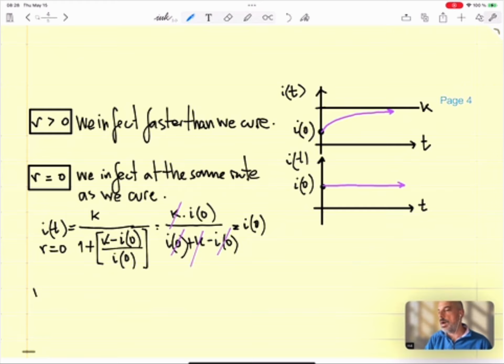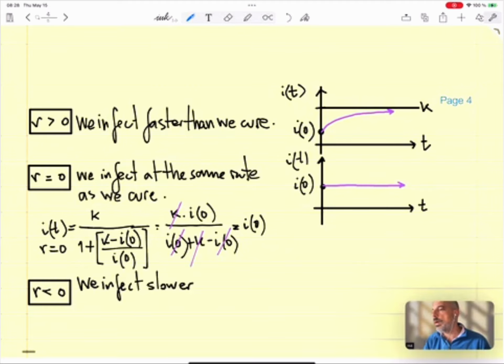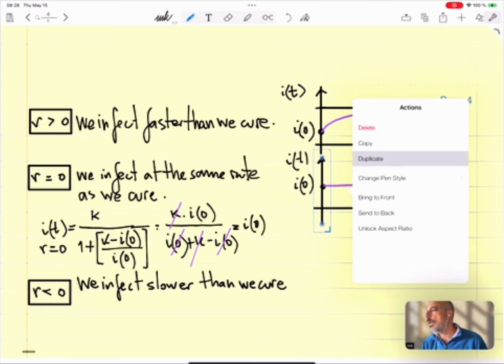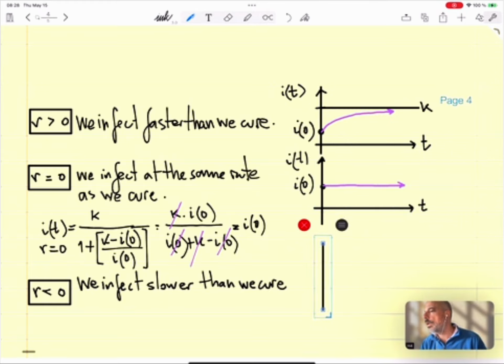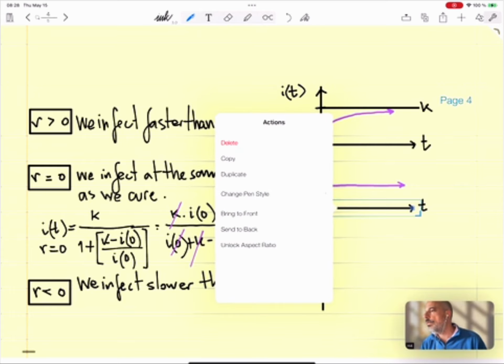And if r is smaller than 0, imagine we give condoms away for free on the campus, so we infect slower than we cure, we get the following behavior.